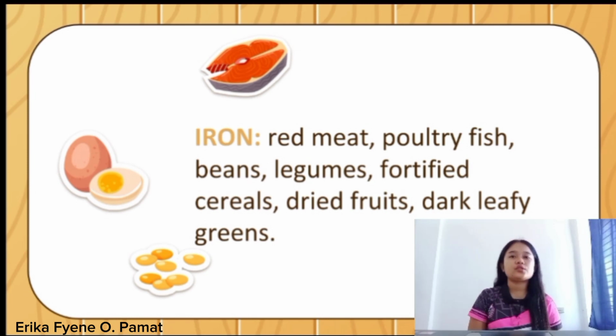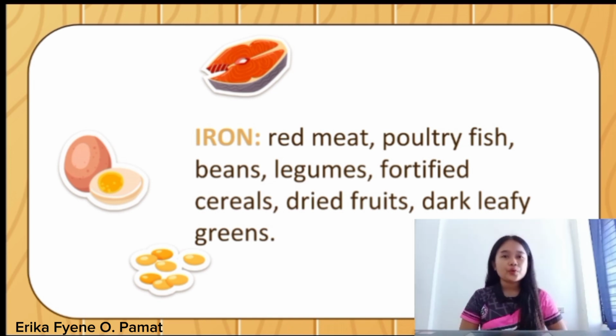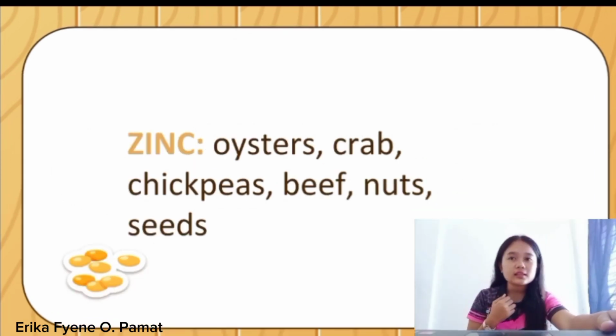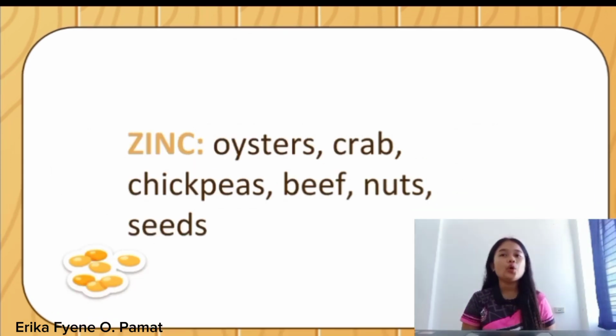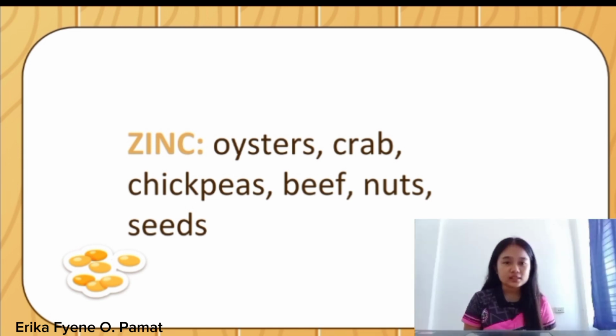Iron is from red meat, poultry, fish, beans, legumes, fortified cereals, dried fruits, and leafy greens. Next is zinc. It is from oysters, crab, chickpeas, beef, nuts, and seeds.